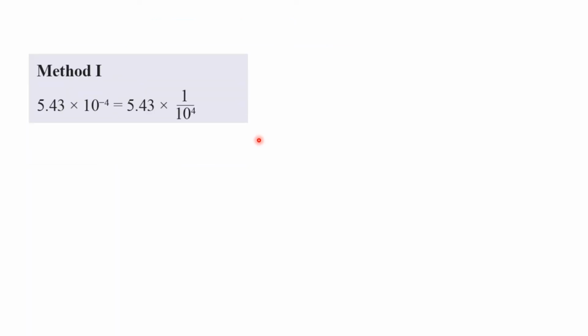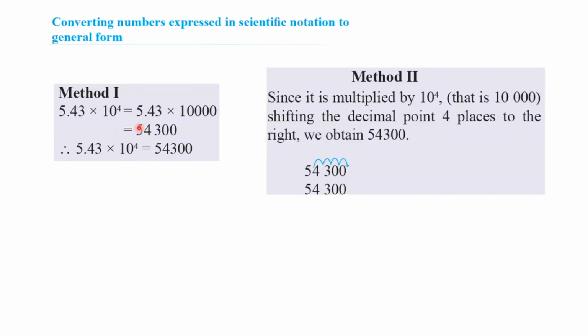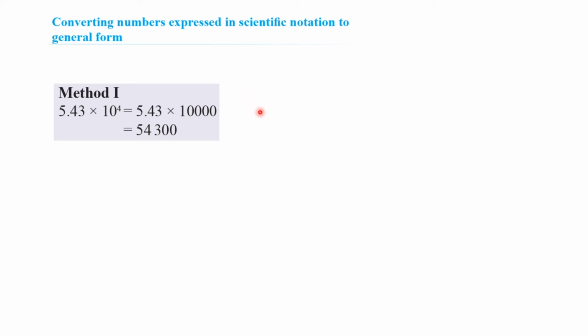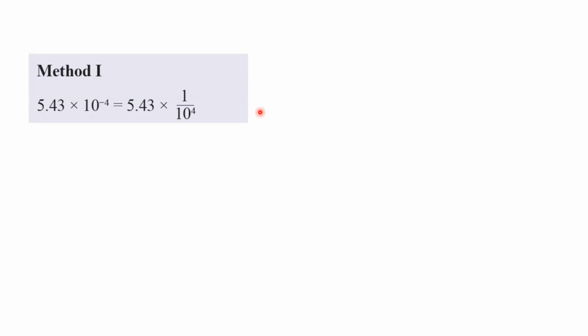Okay, next one, if you have a +1, in this case if you have a +1 you have to shift to your right side. If you have a -1 you shift to your left side. Look at the -1, so -1 can be 1 over 10 to the power 4. If you go further division, then you have to shift your decimal to your left hand side.